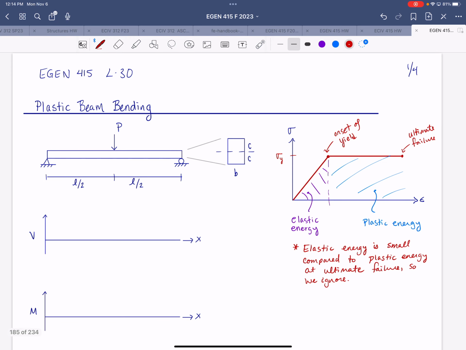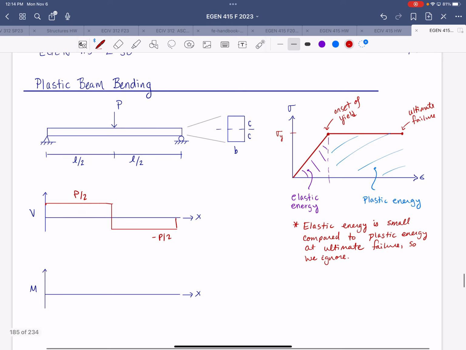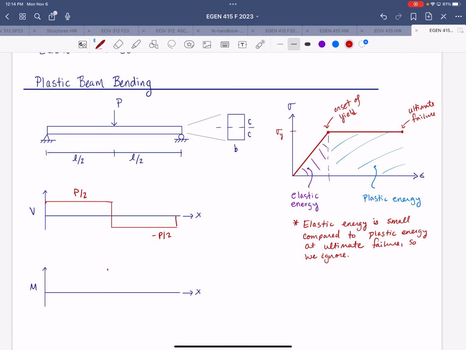All right, so we sketched the shear and moment diagrams associated with the elastic load case. It would be our shear diagram, something like this, and our moment diagram would be linear with a maximum value of PL over 4.